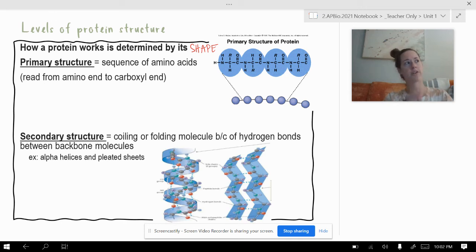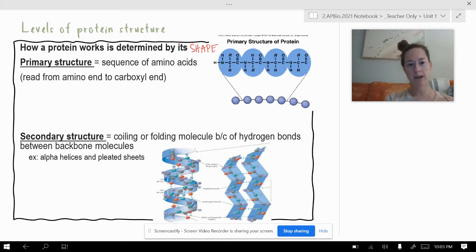So before I go any further, I do want to say this, that when you eat a protein, your body digests it using enzymes, which are proteins. Your body digests it, and then the amino acids of whatever protein you ate are used to build the new proteins that your body needed. So used to build your enzymes, your antibodies, your hormones, all these different things.